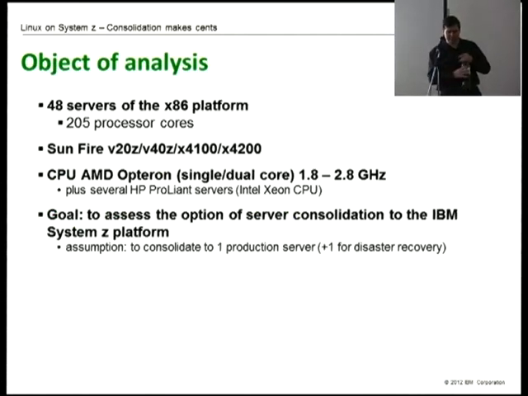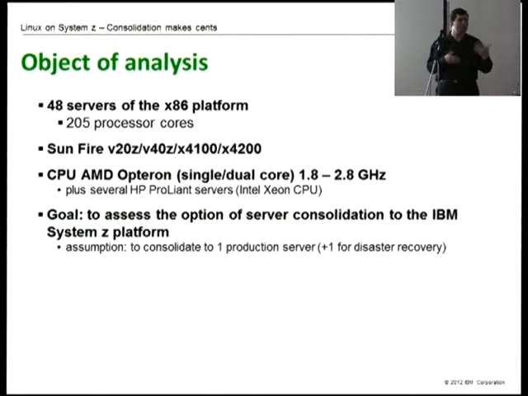The important thing to say at the beginning is that this was not the whole server farm of the customer. This was just a part which they picked. They actually had over 200 servers in total, but they picked these 48 and they gave us the data coming from those servers. So these 48 servers had 205 processor cores.